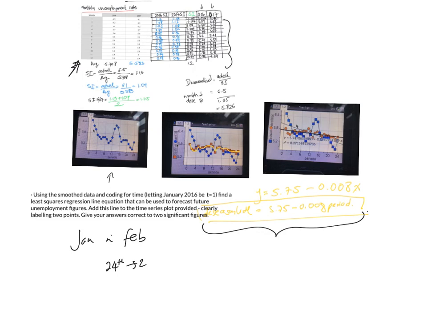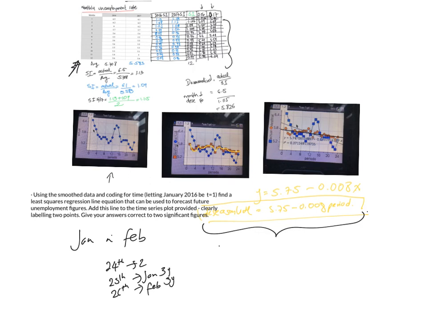Month number 25th will be January of the third year, and so on. 26 will be February of the same third year.